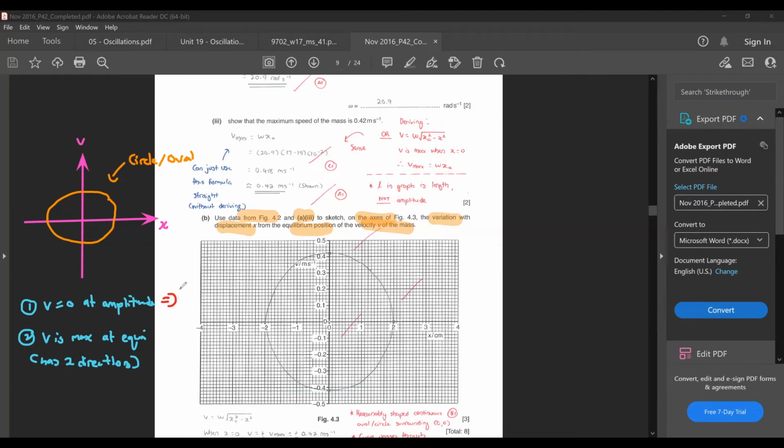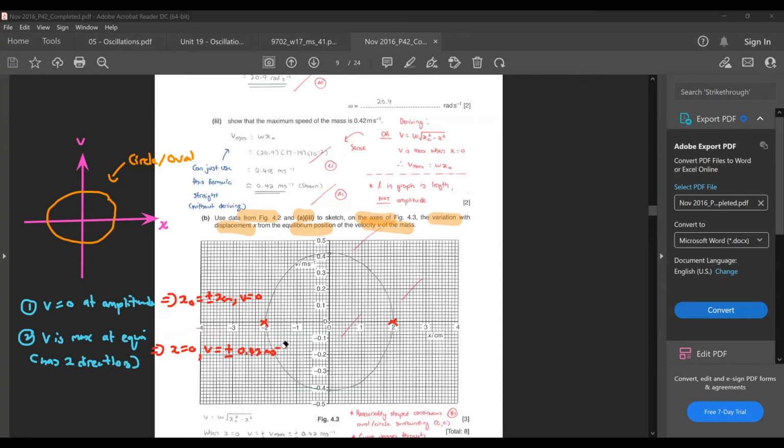All right, so looking at it right now, we know that our amplitude position is 2 centimeter. So at amplitude plus minus 2 centimeter, V is 0, which is here. Okay, and then for our case, when x is 0, our velocity will be positive or negative 0.42 meter per second.